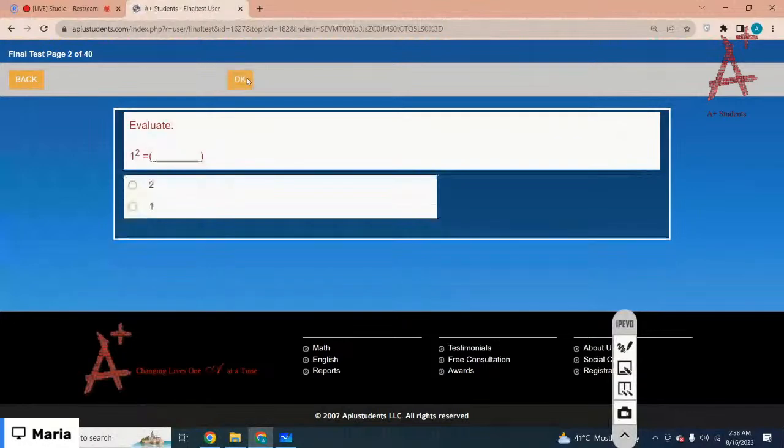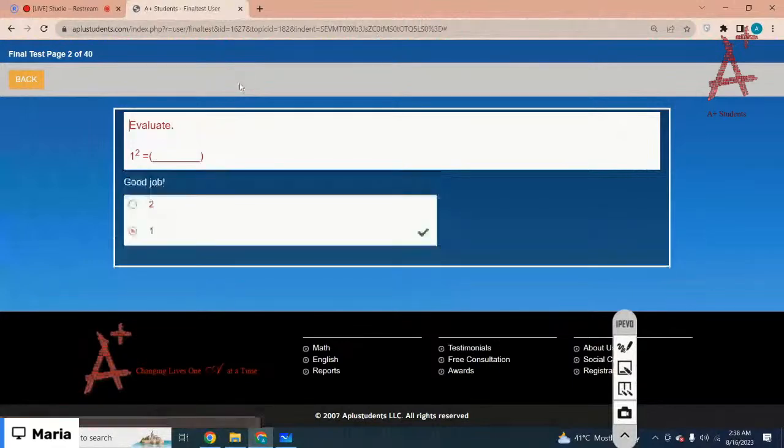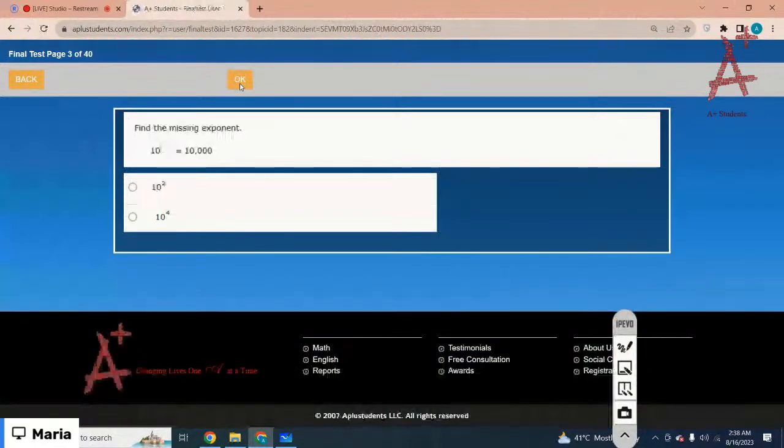Okay, the next one is evaluate 1 square. Which is the correct option? Any number with the exponent, that is 1 exponent 2, right? You have to do 1 times 1, and 1 multiplied by itself is equal to 1. Okay, the next one is find the missing exponent.